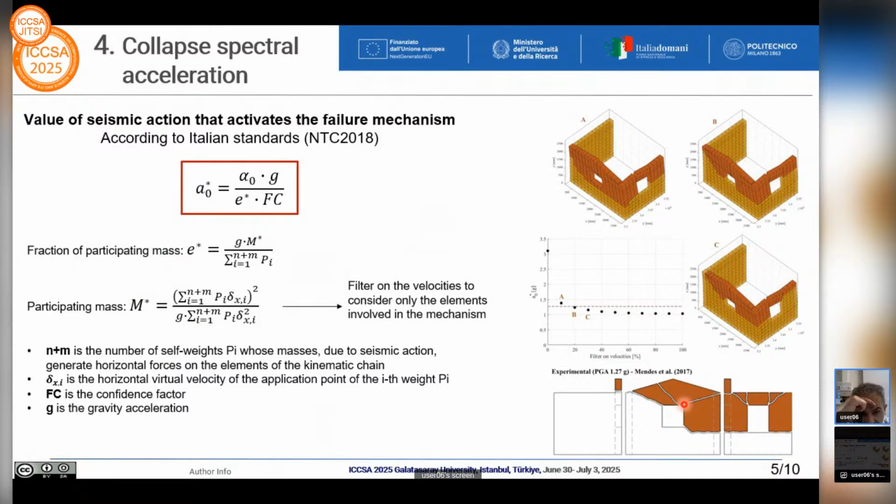So the match is quite comfortable, and you can see that progressively, if you increase the percentage of the elements that are considered involved in the failure mechanism, with the horizontal velocity that is considered relevant, in terms of percentage, here you can find three hypotheses, A, B, C, depending on whether the elements in the failure mechanism are considered the 10% of the maximum velocity or the 30% of the maximum, those that have a red color.